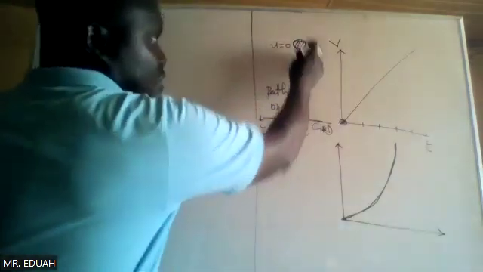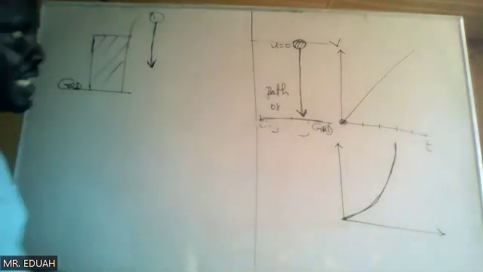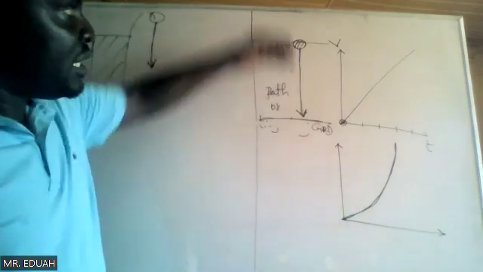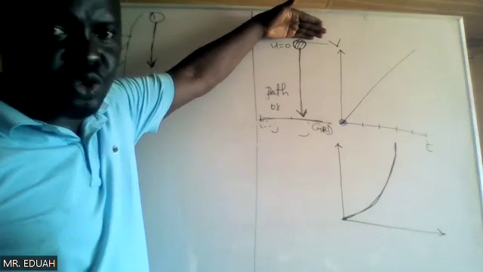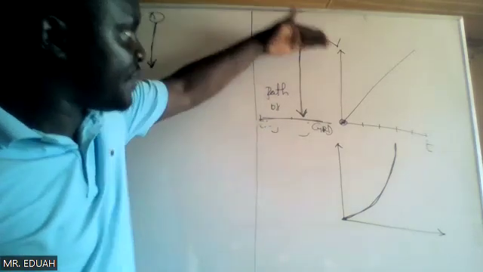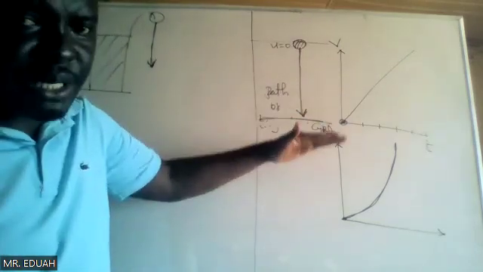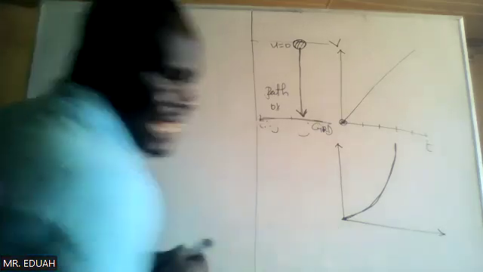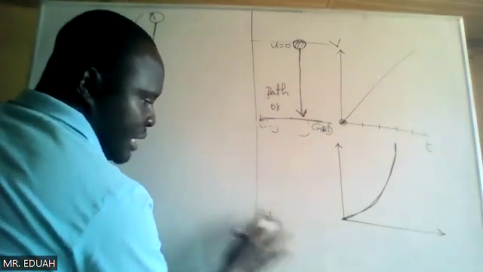As the body falls, if the initial point is where the body starts dropping, and we are considering downward motion as positive, then as time goes on, you realize that the body's displacement would increase. But it's a curve because of this formula to determine it.